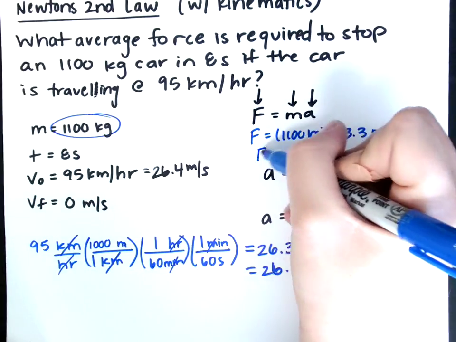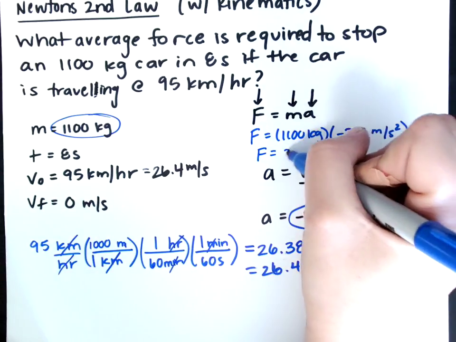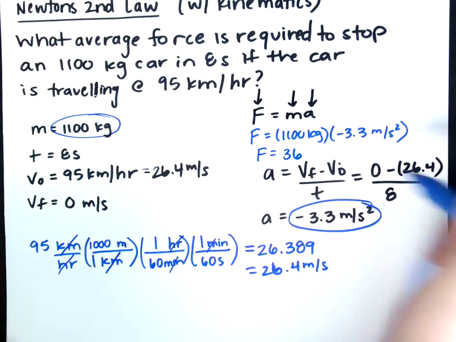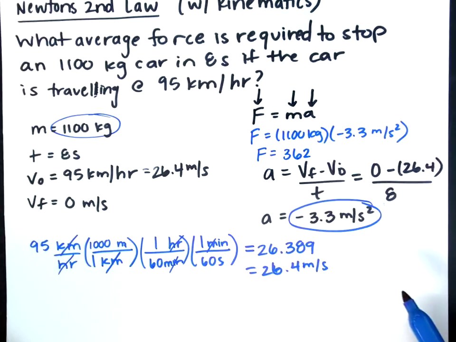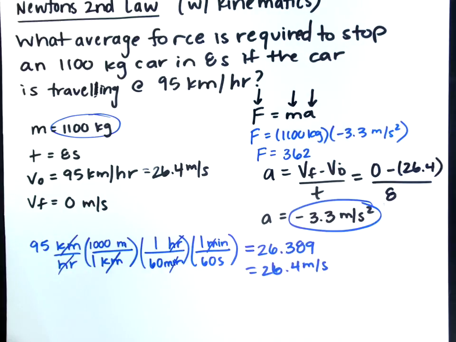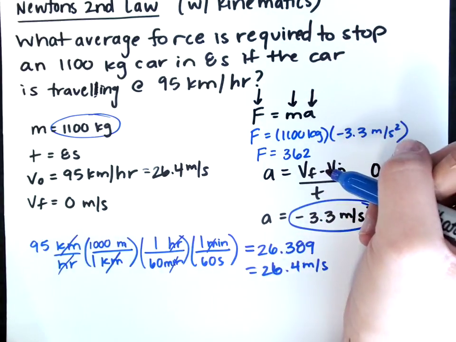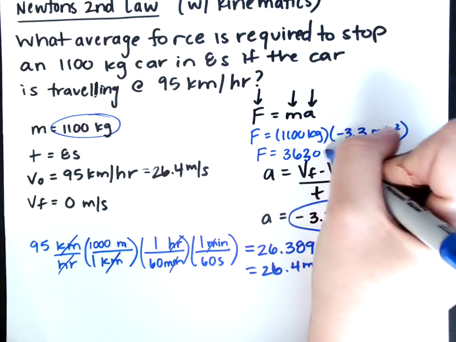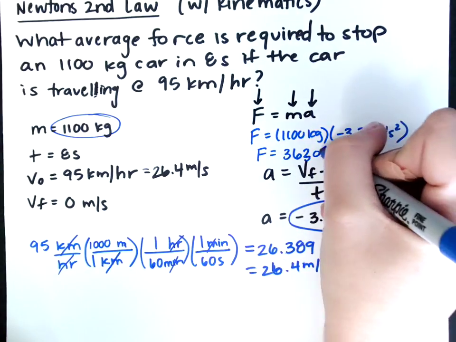And the force is? 3.3 times 1,100? Did you round somewhere? I got 3.299. Okay, so with 3.3 it's what? 3630. Newtons.